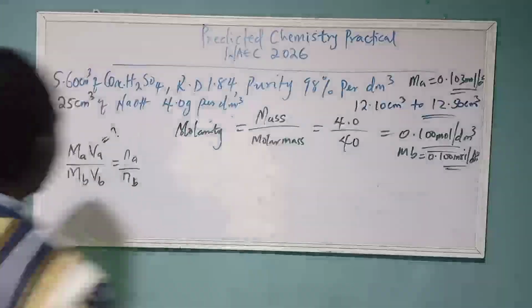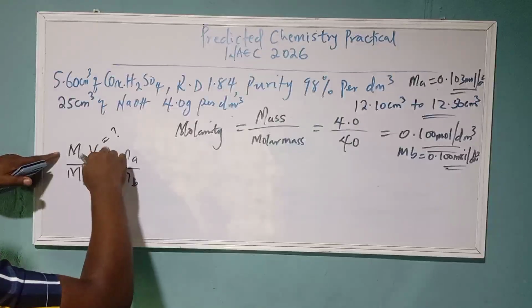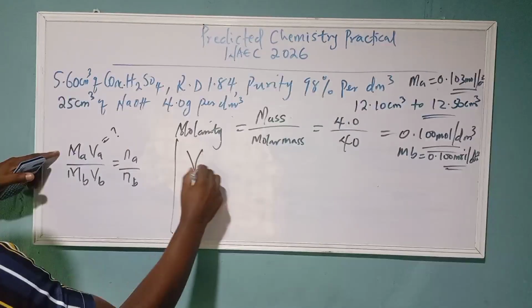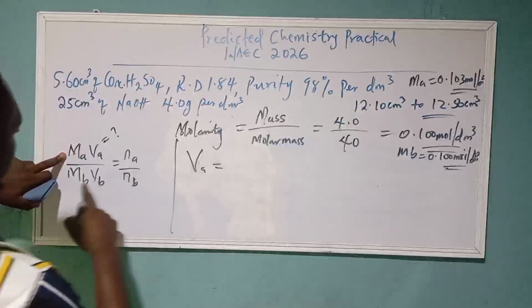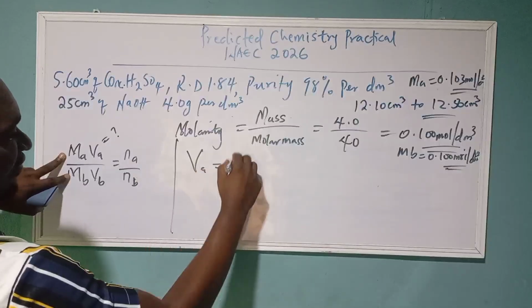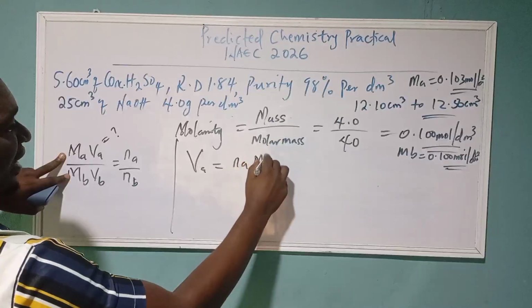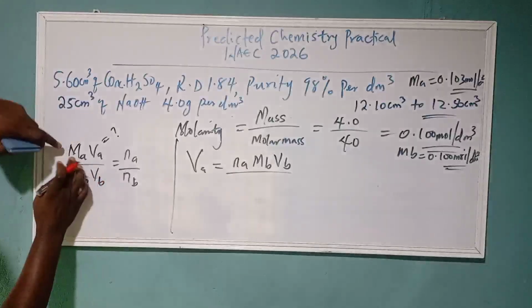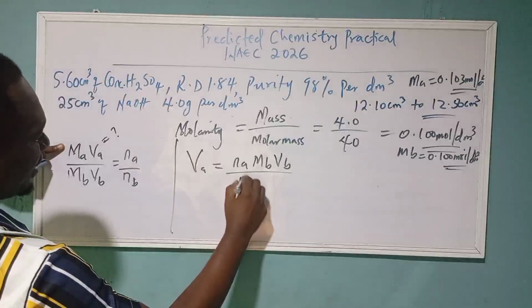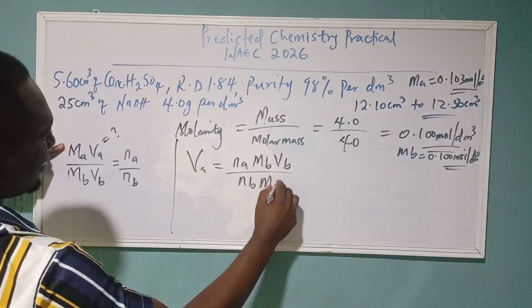So let's see how we are going to make VA the subject of the formula. Making VA the subject of the formula, that means this will multiply this and this will multiply this. So we have NA MB VB all over NB MA.